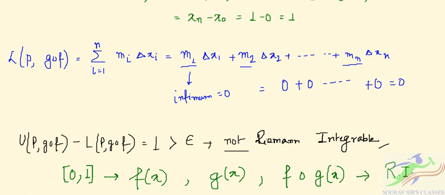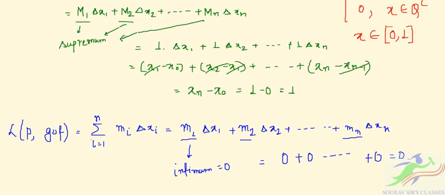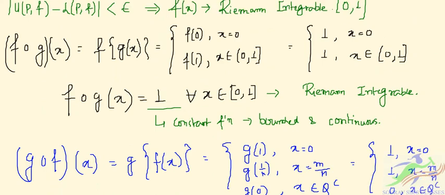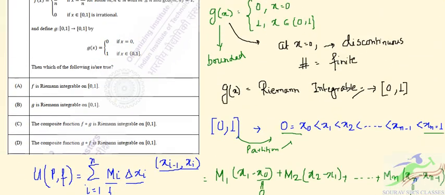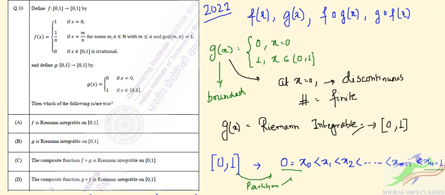So from here we can infer which options are correct. In this case A is the correct option, B is also correct, and the composite f composite g is correct, C. So A, B, C for question number 33, these three options are correct.